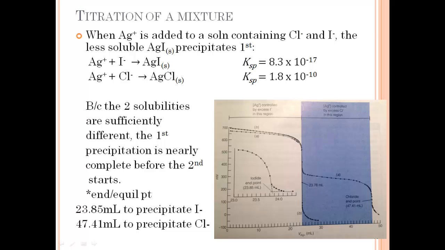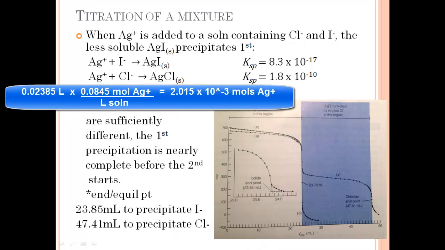And the moles of Ag+ that were delivered at the first titration point would have been 0.0845, which is the molarity of the Ag+, times how much volume it took to get to that endpoint. So it would be 0.0845 times 0.02385. That'll give you the number of moles of Ag+ that were delivered, and that happens to be 2.015 times 10 to the negative 3 moles of Ag+.